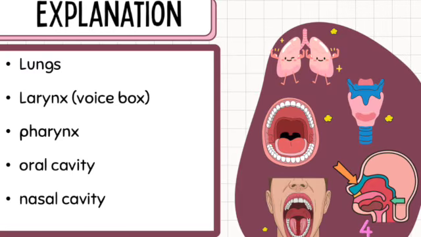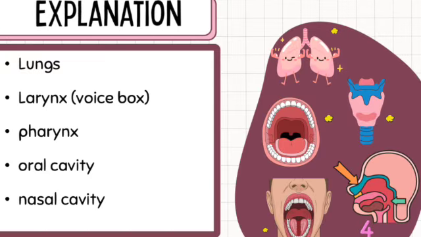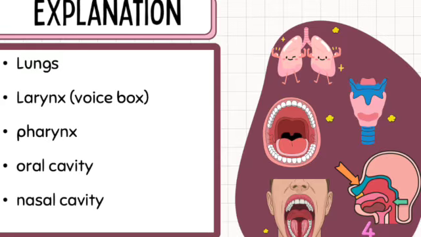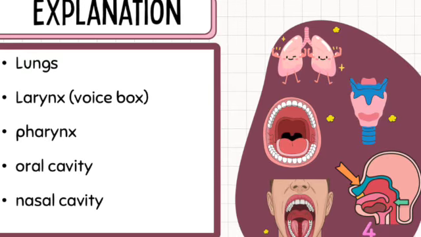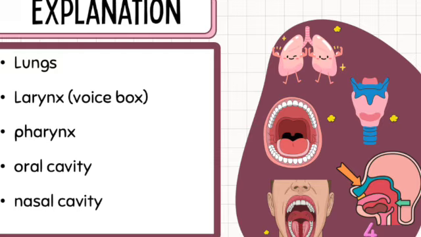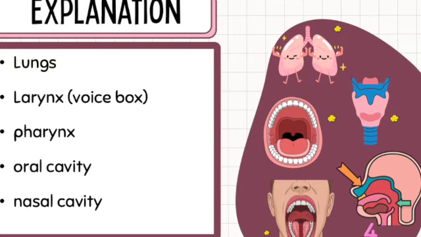Now I want you to take a look at the picture that is below. You are going to match the picture that you see, the number, to the word. So I want you to tell me what organ is for picture number 1, the organ for picture number 2, and so on through 4.